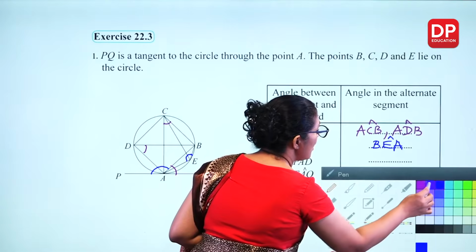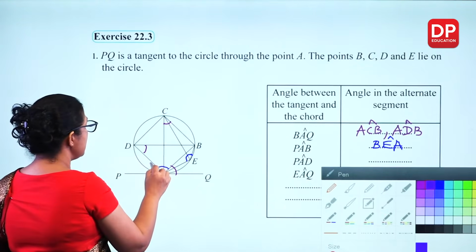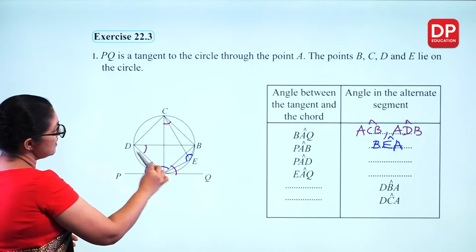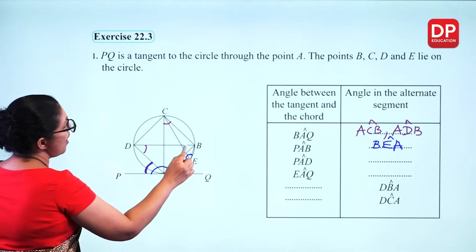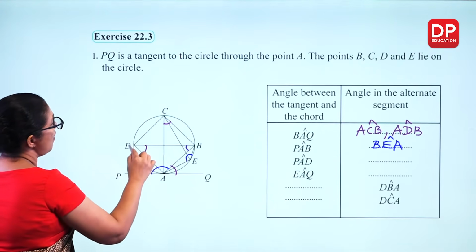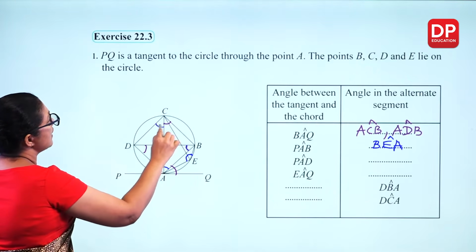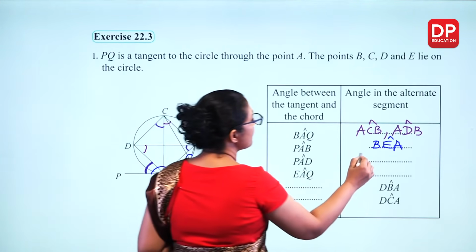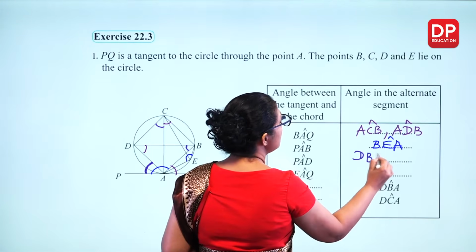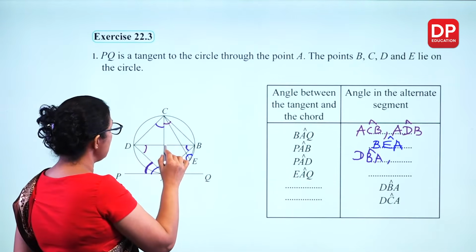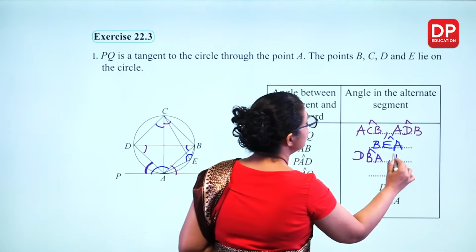Now, other side. PAD is this angle. This angle is equal to either this angle, that's the alternate segment angle, or this angle. So you can write DBA angle or DCA angle.